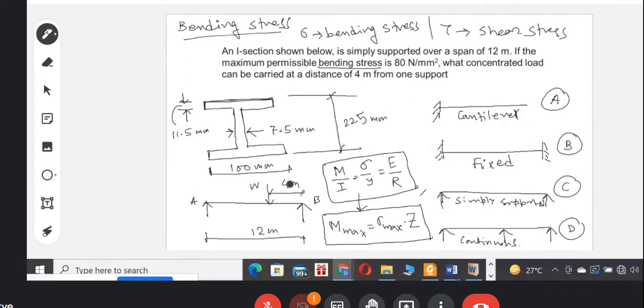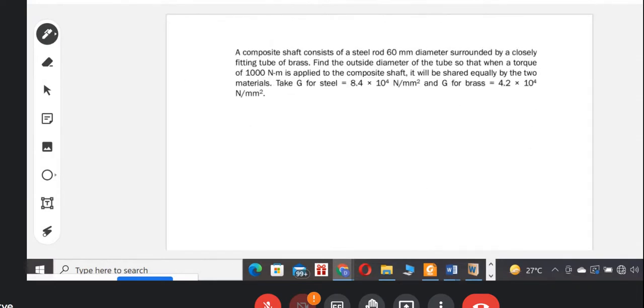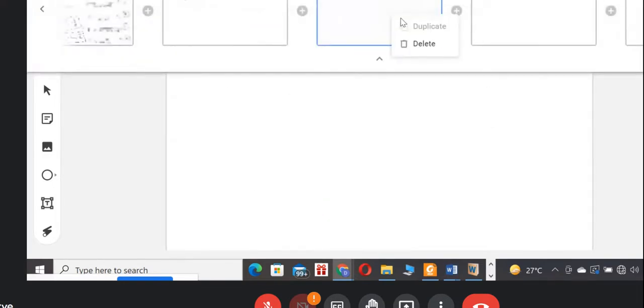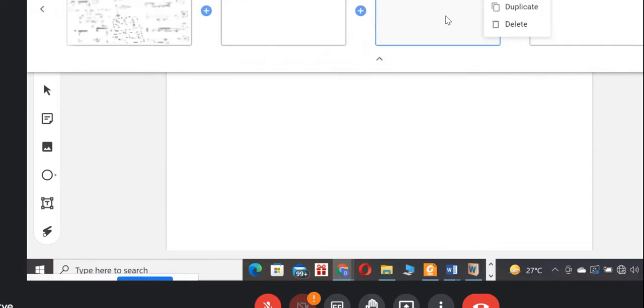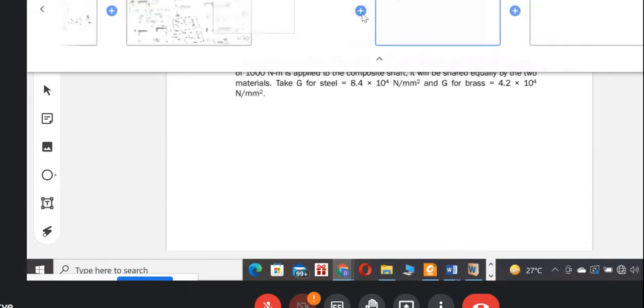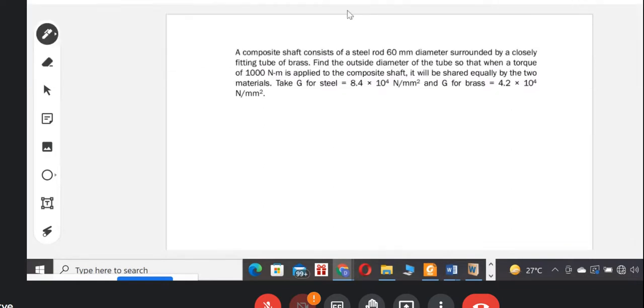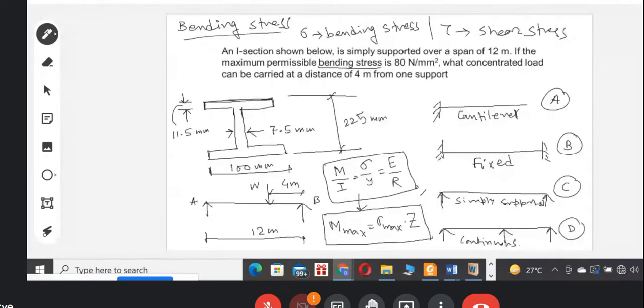So that's why there are 3 parts, right? Okay.